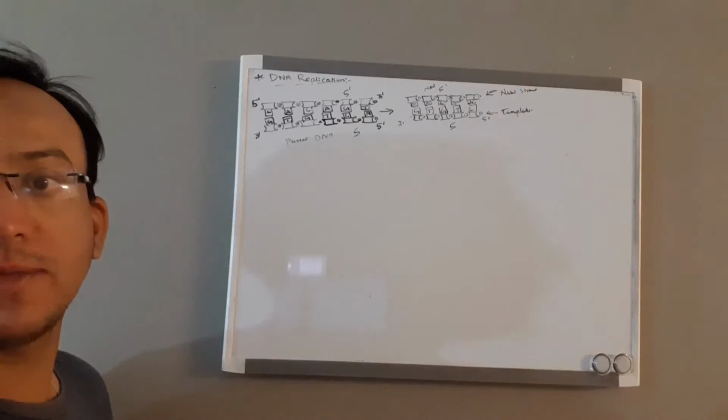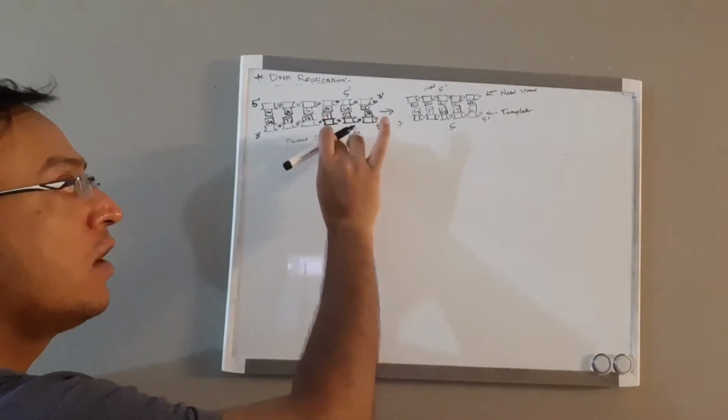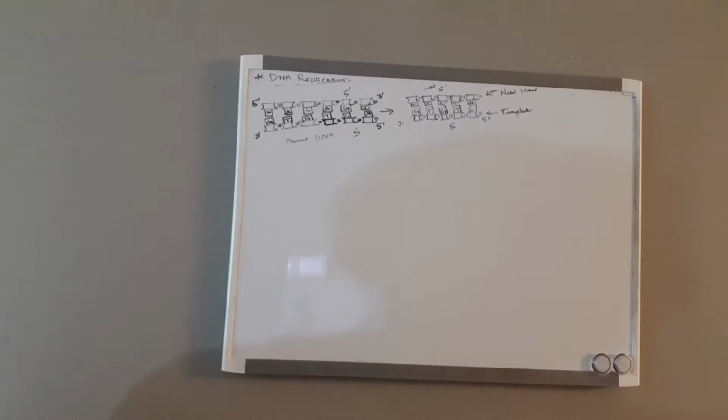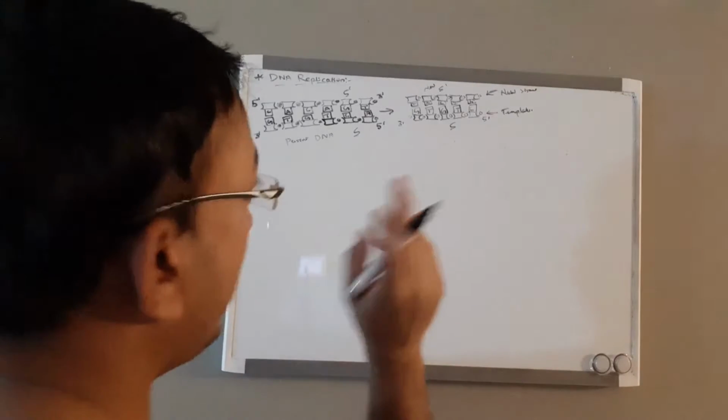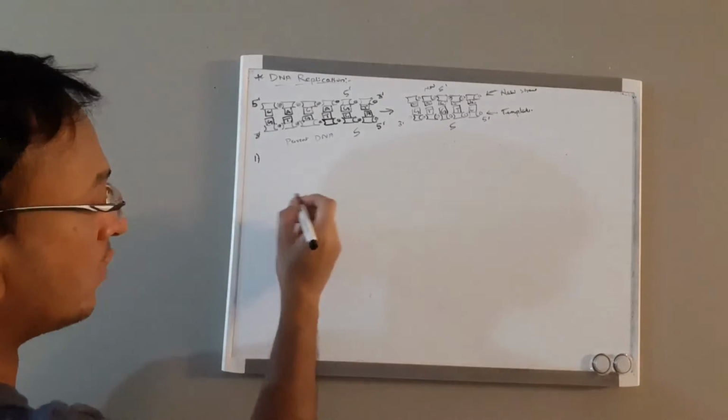So which type of replication proteins helps in opening this DNA double helix? Two types of replication proteins help in this process, so we'll go one by one.